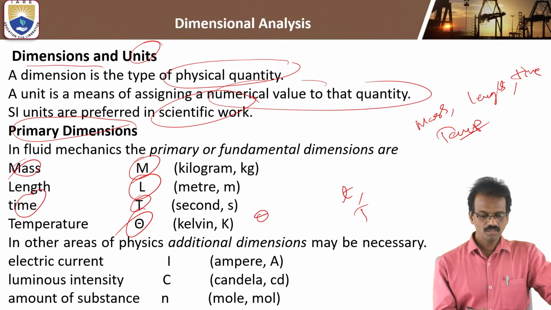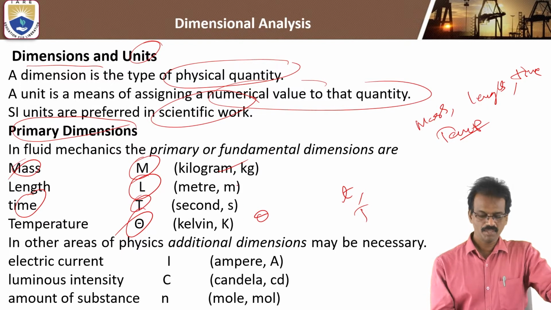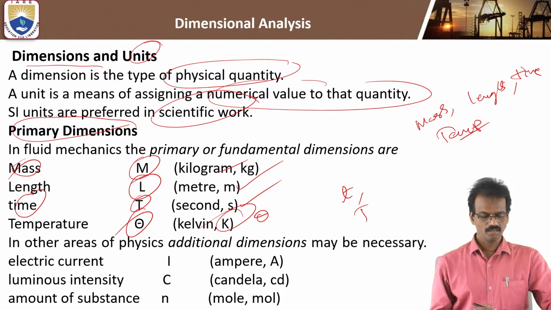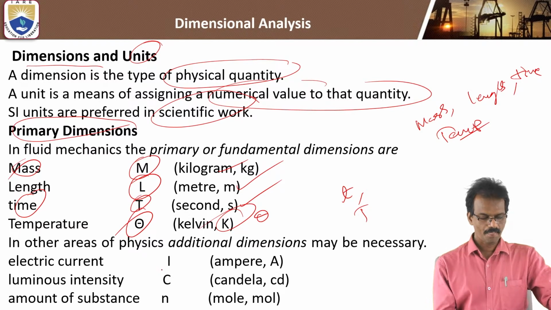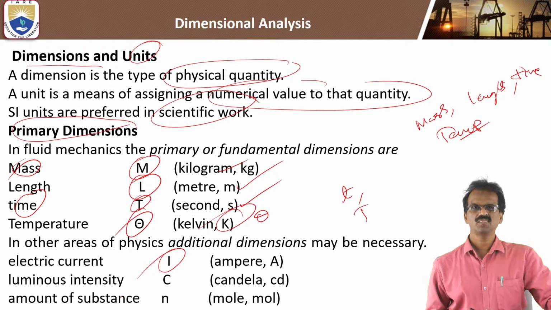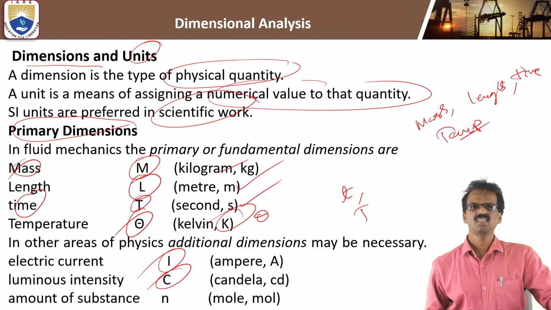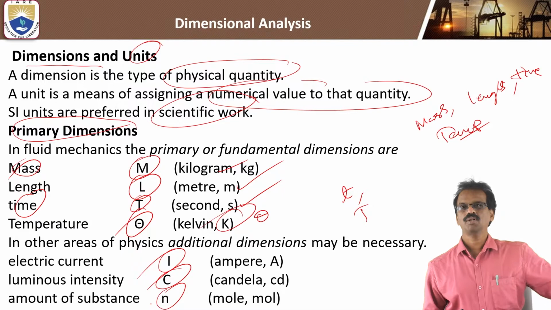The SI unit of mass is the kg, length is the meter, time is always seconds, and temperature is kelvin. Some additional dimensions are there, mainly for electrical properties: electrical current is a basic one, luminous intensity in candela, and amount of substance in moles.